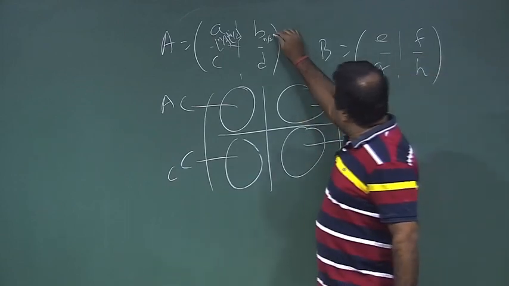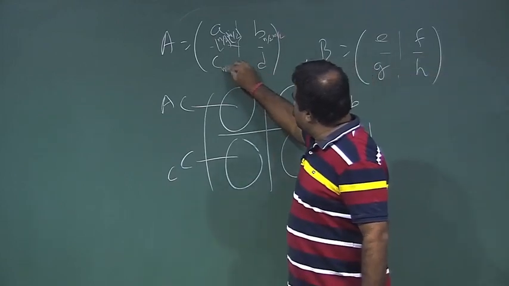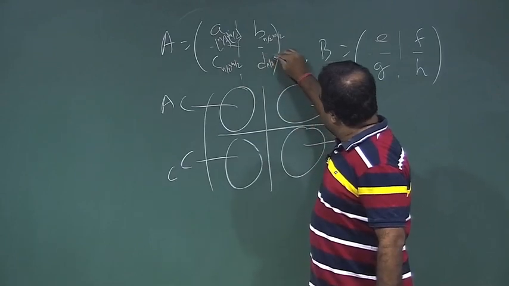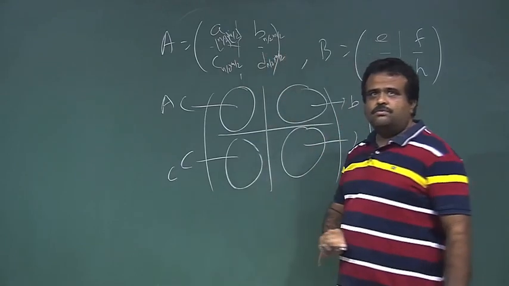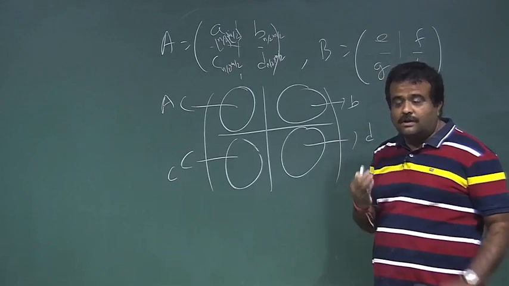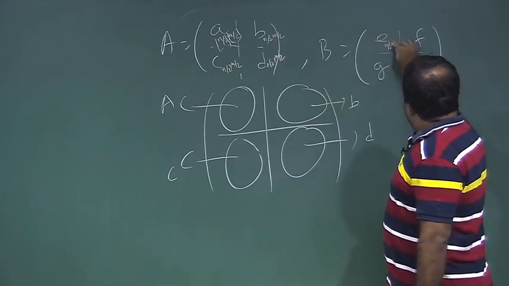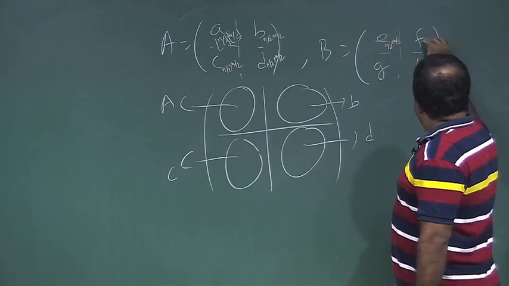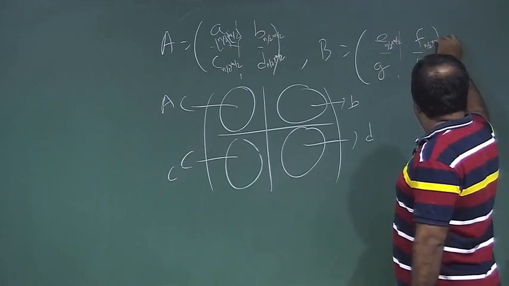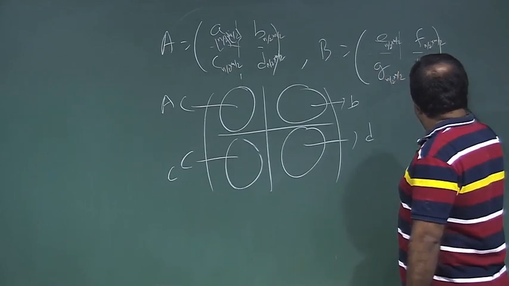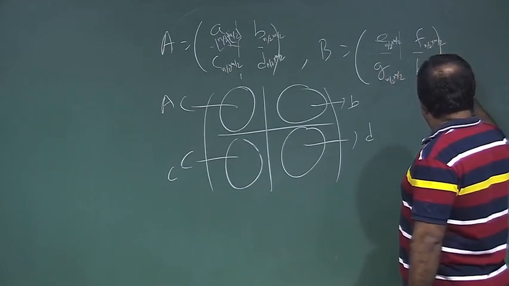These are all sub matrices of size n by 2 cross n by 2, and similarly for the other matrix.